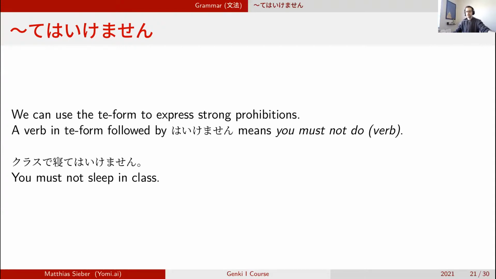Ku is irregular, it becomes kite. Oh, you're right. Okay, kite. So koinu o motte kite wa ikemasen.